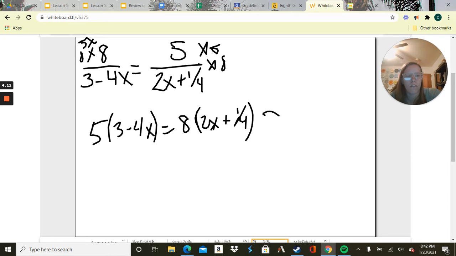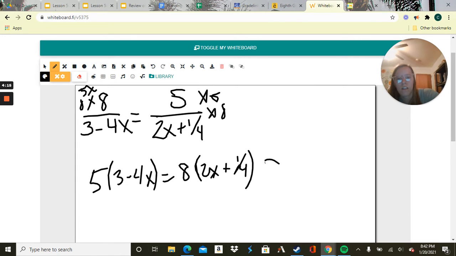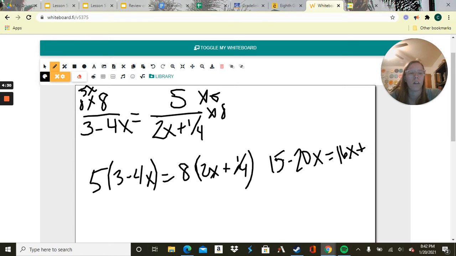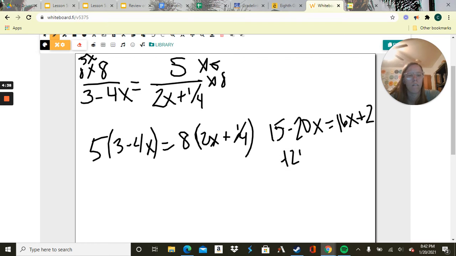So we then have, let me get rid of that, 15 minus 20x equals 16x plus 8 times 1 is 8 divided by 4 is 2. Okay, so we are going to add 20x.